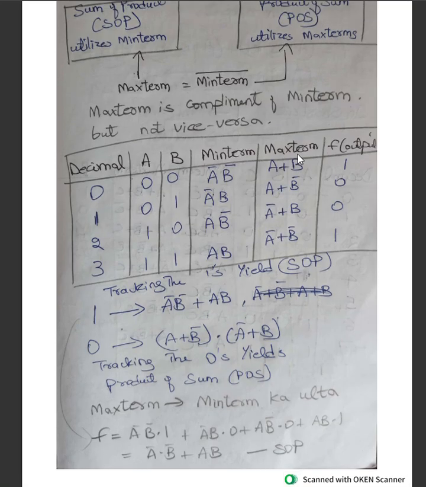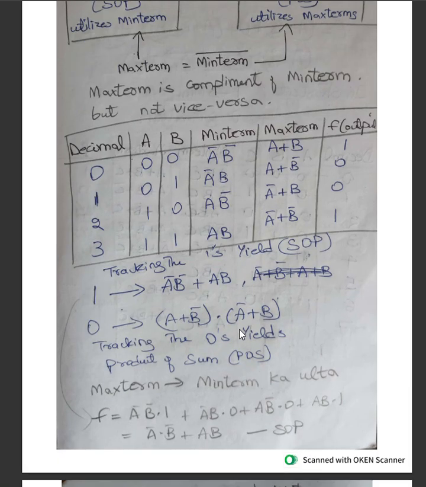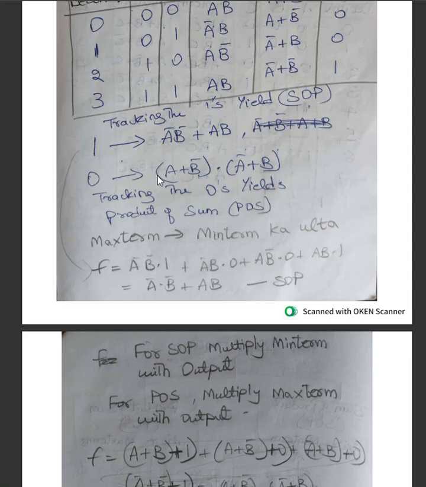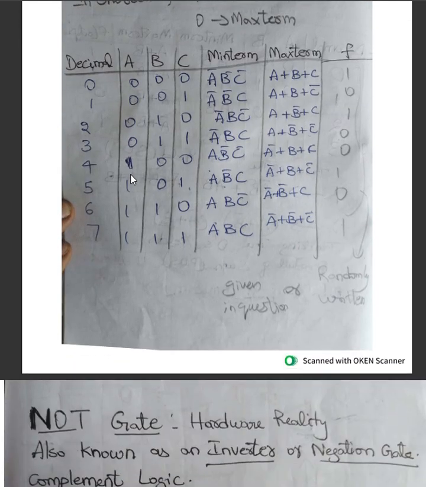The difference is that in sum of products it's a product, and in a product of sum it's a sum. That's one thing you need to remember. It's not exactly that min term is the opposite of max term, not necessarily. You can represent a function in either way.